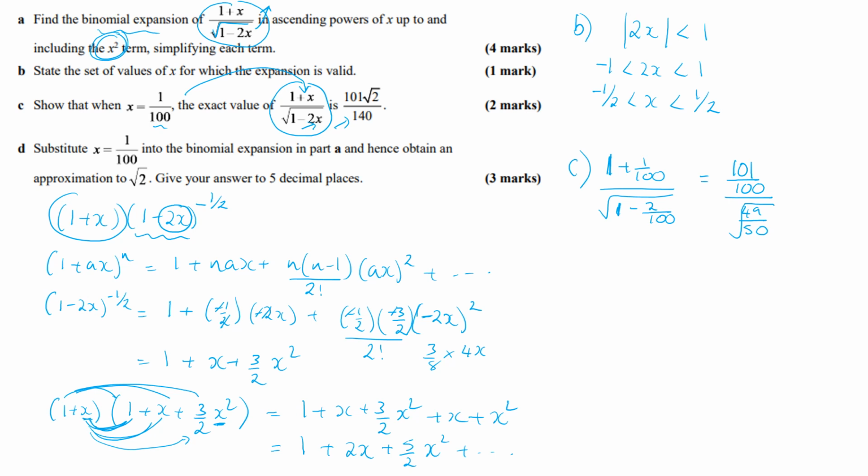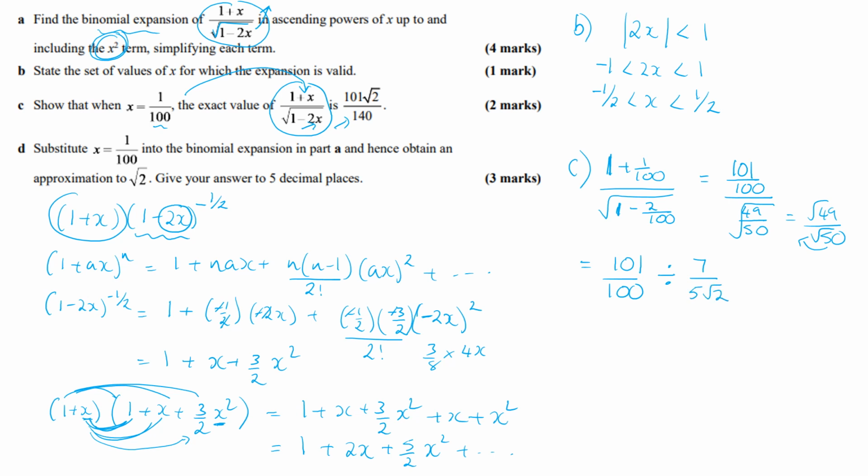Now that's quite nice because 49 is a square number, so this is going to be 101 over 100. Now you don't like having fractions in fractions, so if we say that's divided by, and then this 49 over 50, we can separate the roots, so that's going to be root 49, which is 7, and then 50 is 25 times 2, so the 5 will come out, be 5 root 2.